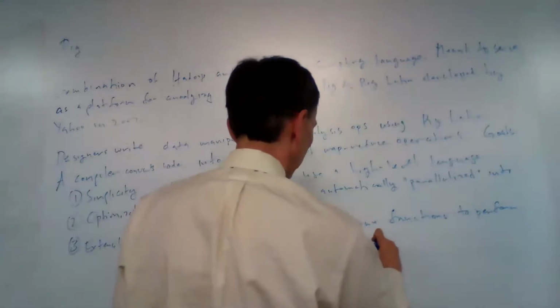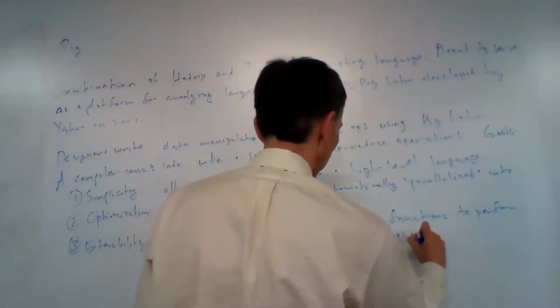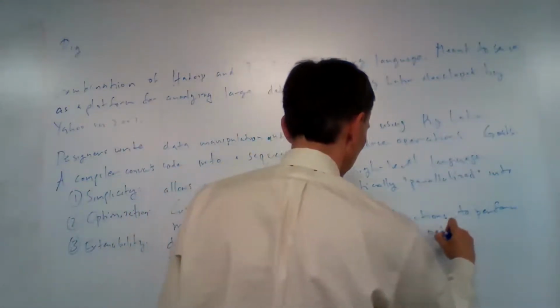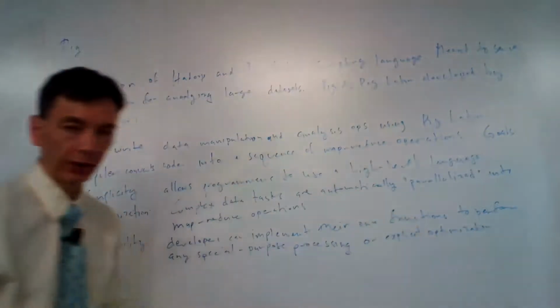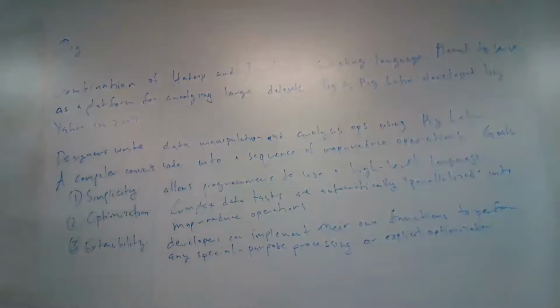Or explicit optimization. So what this really means is that if you have a very complicated analysis task, you can help the compiler by providing some additional functionality to support some of the MapReduce parallelization that you know the compiler is going to try to do for you. Okay?